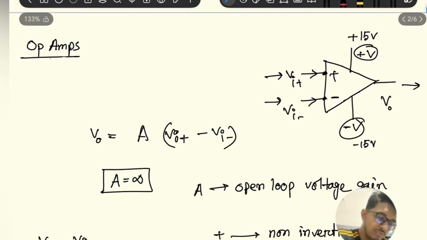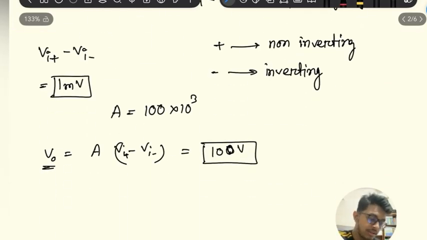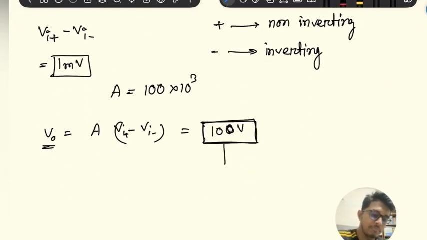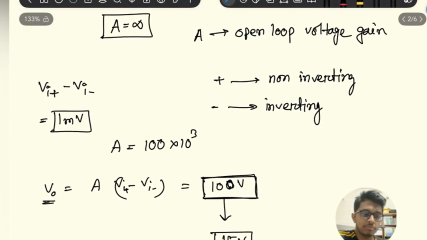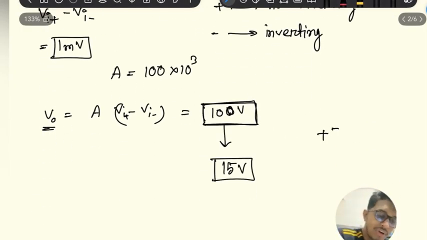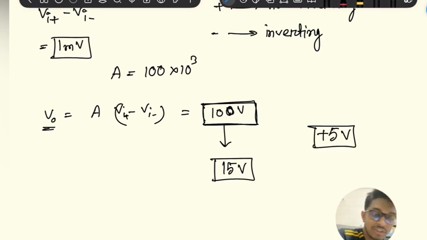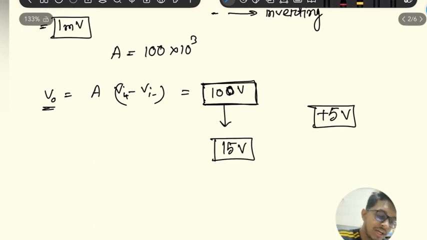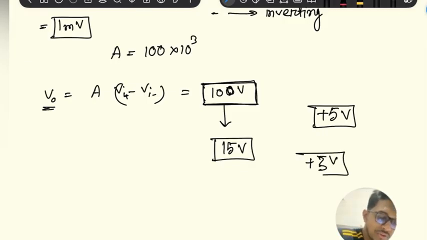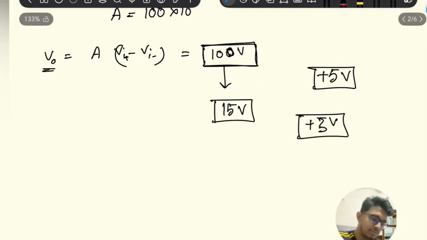So if we have got 100 volt as the output voltage in calculation, in practice we will get only 15 volt because we have given that much bias voltage. If we give bias voltage plus 5 in the positive bias, then we will get the highest voltage output as plus 5 volt. Same thing goes with the negative bias also.